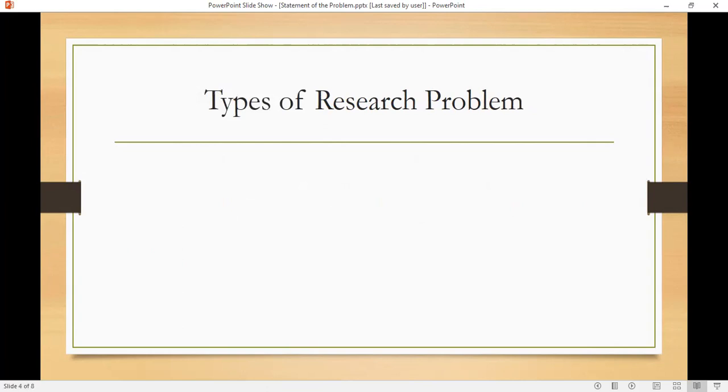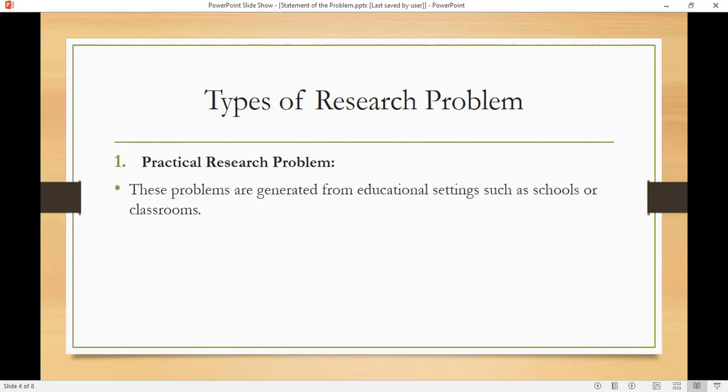Broadly speaking, we'll talk about two types of research problems. The first one is the practical research problem. Usually, this practical research problem has two sources. The first one: these problems are generated from educational settings such as a school or classroom. My context is English language teaching, so I will be taking examples from the English language teaching context.